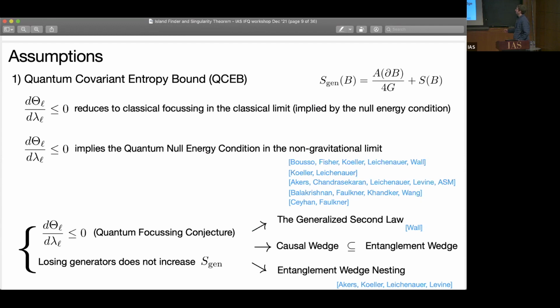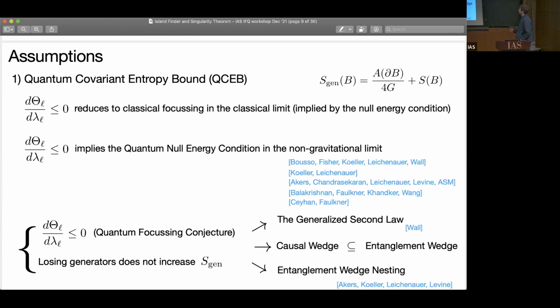And more importantly, in full-on semi-classical gravity, the combination of these two assumptions goes into, for example, proving the generalized second law, which Aron Wall independently proved a while ago. And also in the context of AdS/CFT and subregion duality, the combination of these two assumptions very importantly leads to consistency conditions within subregion duality, like the statement that the causal wedge of the boundary region is nested inside its entanglement wedge, or that two nested boundary regions have nested entanglement wedges.